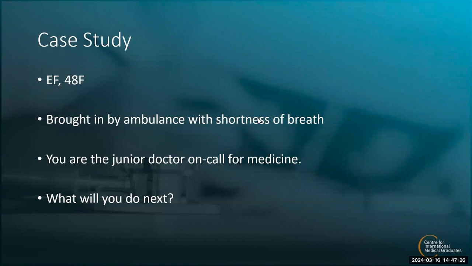So I think that in the history, I would try to differentiate the shortness of breath, whether it's lung related or heart related. Sure, and how would you do that?